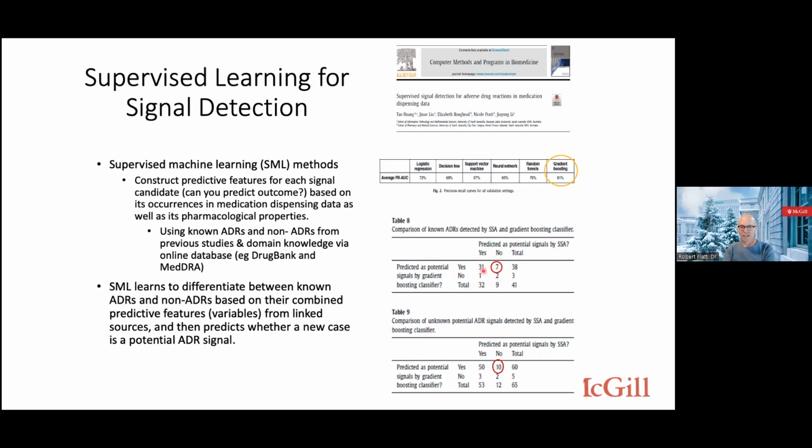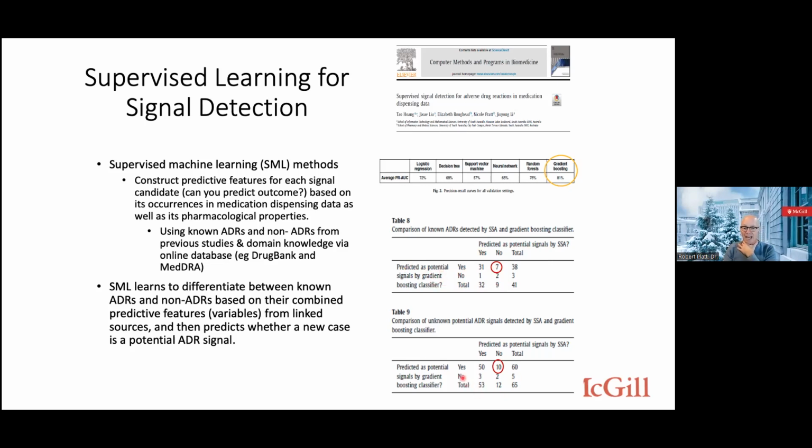Among the known associations, only 2 were missed by both methods. On the other hand, 7 were missed by the SSA and not missed by the gradient boosting classifier.